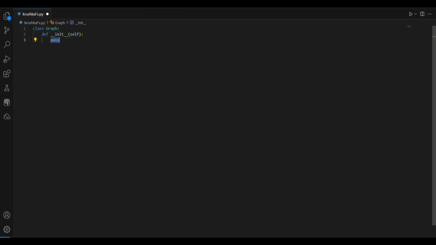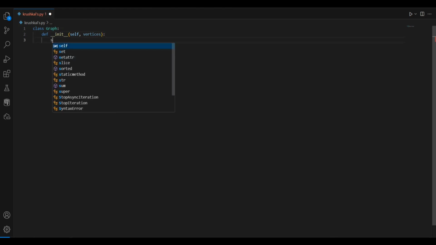Next we move on to the implementation of Kruskal's algorithm using the Python programming language. self, comma, vertices. These are the parameters.